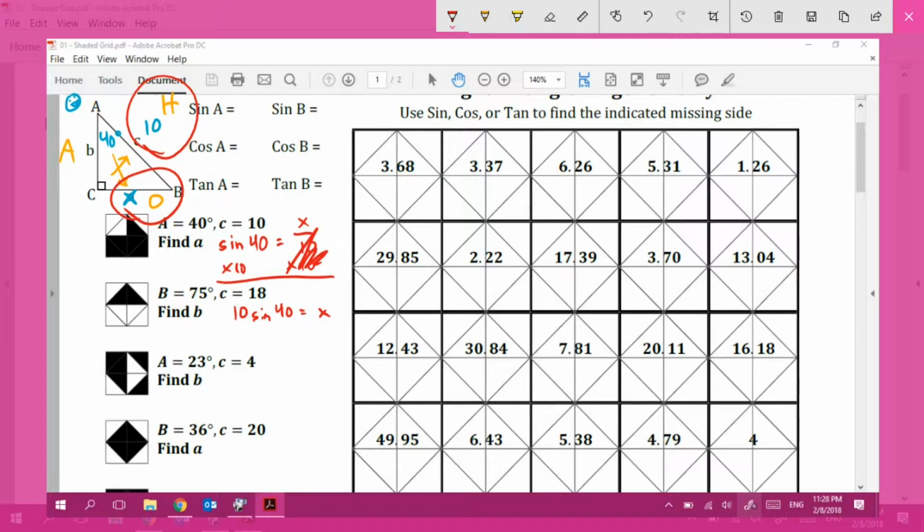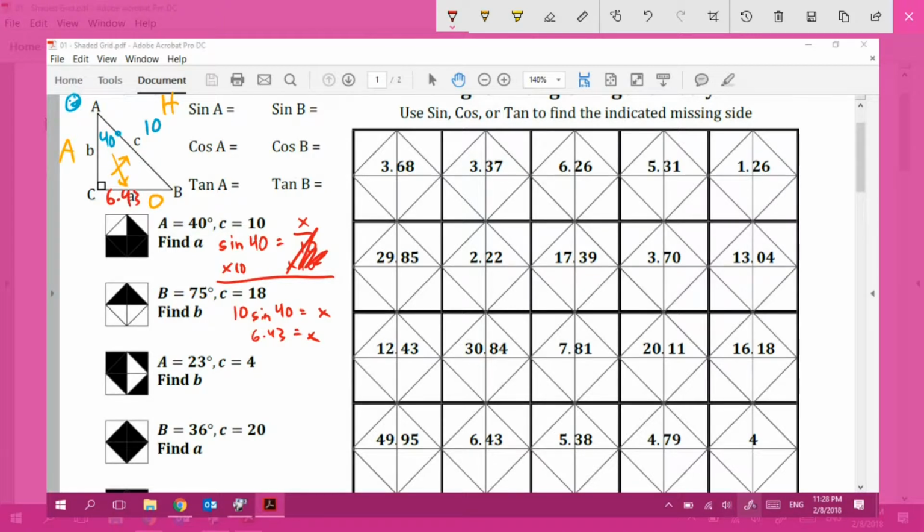You need to know how to round to the hundredths place. So it's going to be 6.43 equals X. That means your side length would be 6.43 over here. So it wouldn't be X, you'd now change it to 6.43 because you have found that side length.